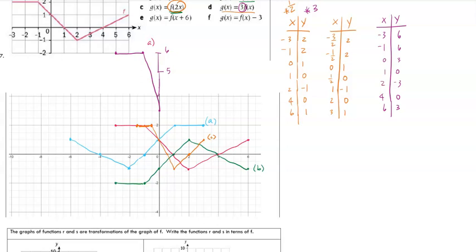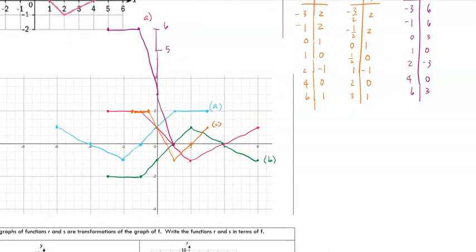And 1 and 0. And 2 and -3. Oh, 2 and -3, 4 and 0.